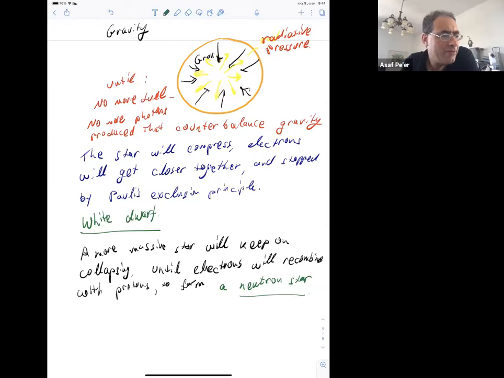Now, a neutron star, as it forms, some of them will explode, and you end up with a supernova. But the end result is a neutron star. Neutron stars have other names that you might hear, like pulsars. But this is also limited by how much mass you start with. If you start with more than a certain value, the exact value is uncertain because we're not really sure about all the processes that happen when the star explodes, then what will happen?